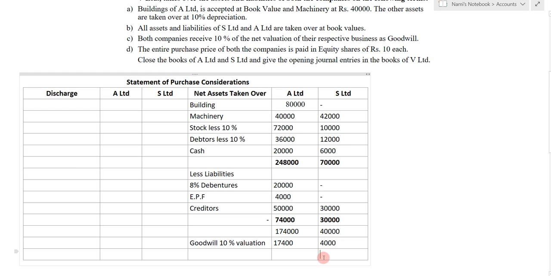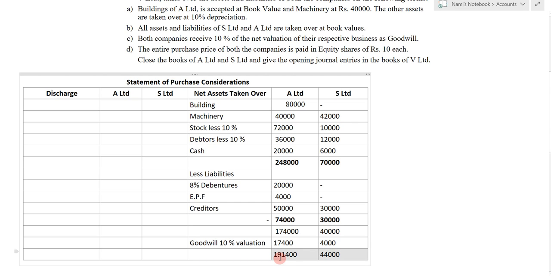So now the total purchase consideration of S Limited will be 40,000 plus 4,000, that is 44,000, and for A Limited it is 1,74,000 plus 17,400, we get 1,91,400. So this is the purchase consideration value.